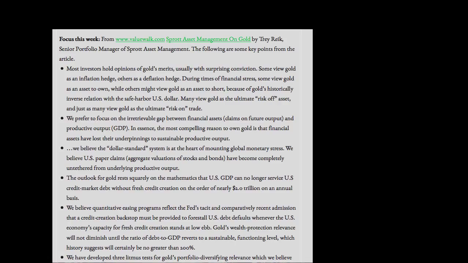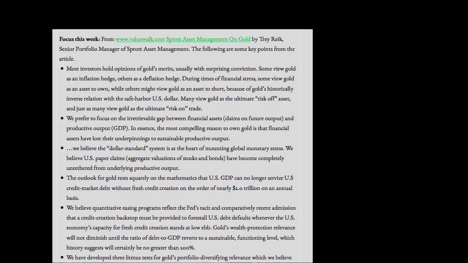We believe U.S. paper claims, aggregate valuations of stocks and bonds, have become completely untethered from underlying productive output. The outlook for gold rests squarely on the mathematics that U.S. GDP can no longer service U.S. credit market debt without fresh credit creation on the order of nearly $2.0 trillion on an annual basis.